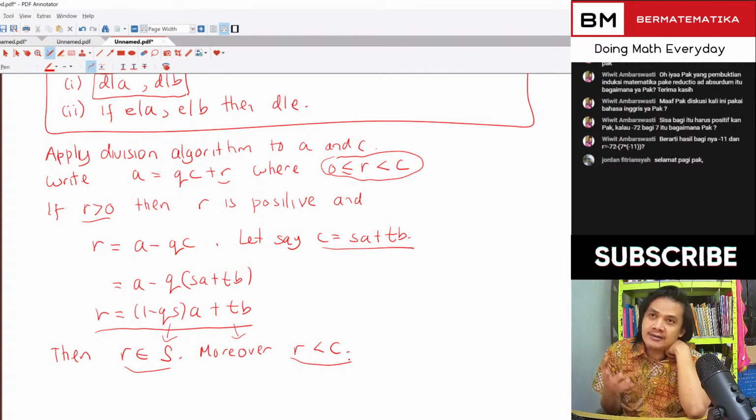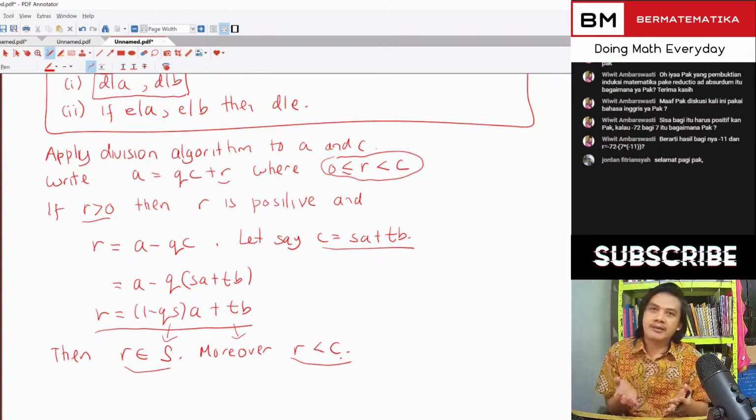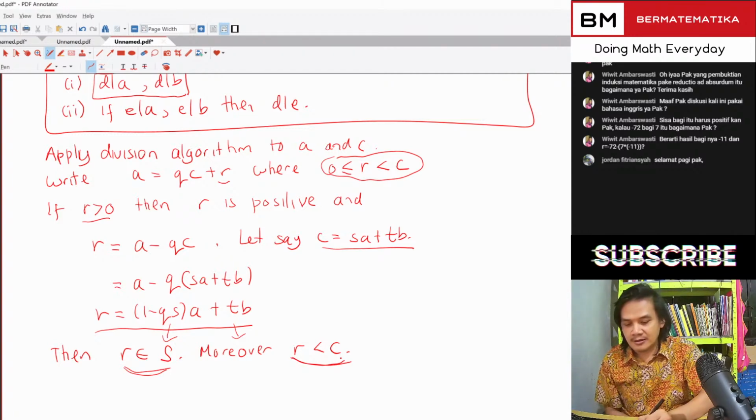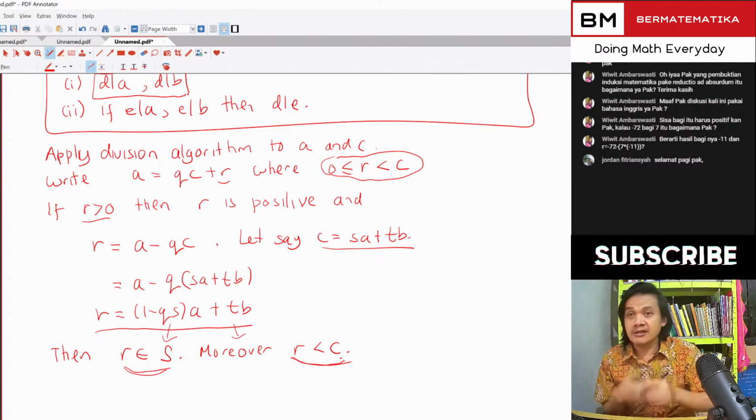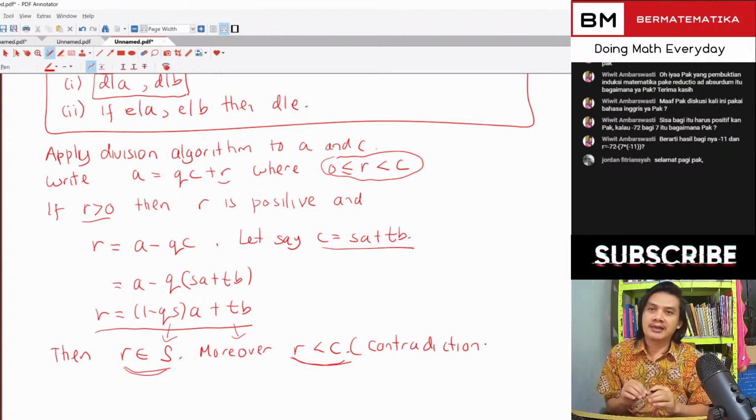Recall the definition of C: it is the smallest element of S. But here we can find an element of S which is smaller than the smallest element. That doesn't make sense, right? So it is a contradiction to the fact that C is the smallest element in S.